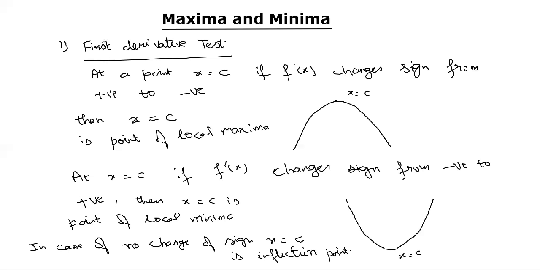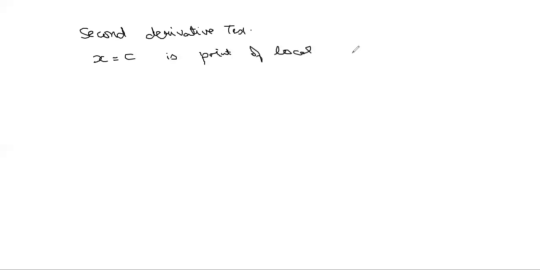Now let's discuss the second derivative test. According to this test, x equals c is any point in the domain of the function. x equals c is a point of local maxima if the derivative of the function at c is 0 and its second derivative at c is less than 0.